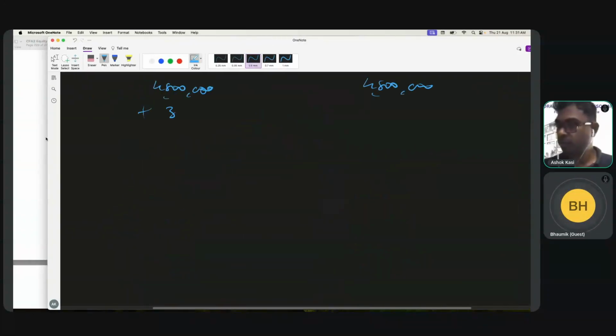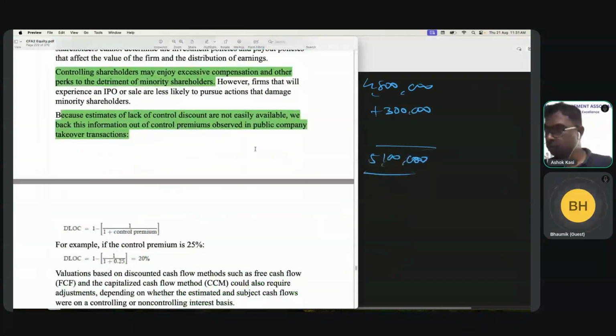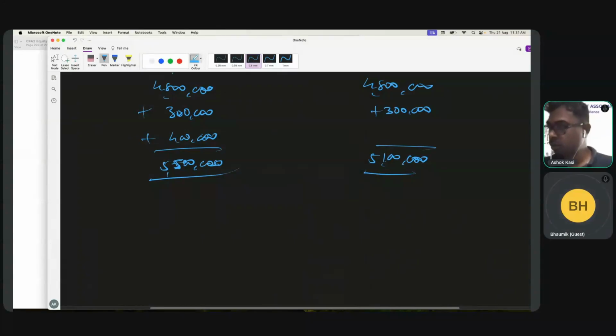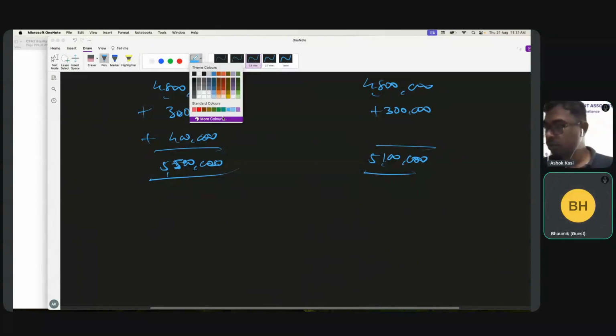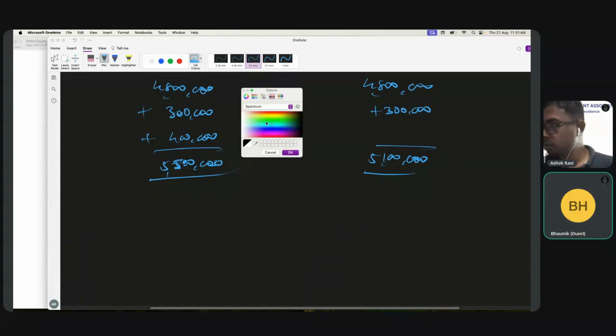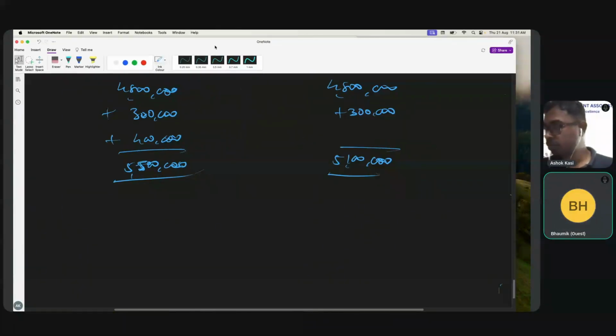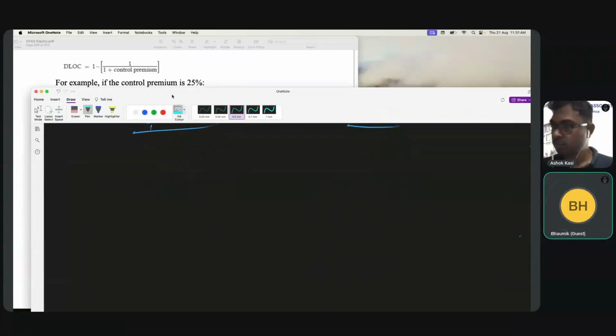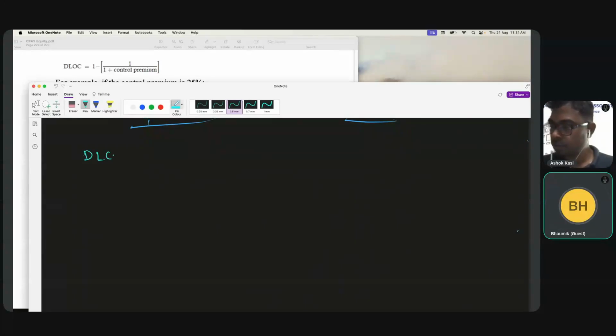Now the formula for discount for lack of control is this formula you have to remember. Discount for lack of control is equal to 1 minus 1 by 1 plus control premium.